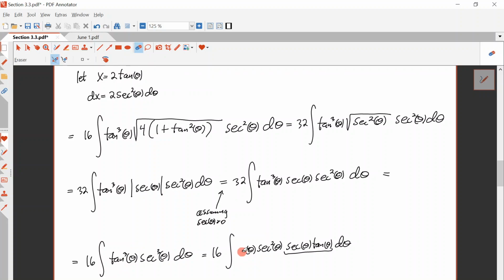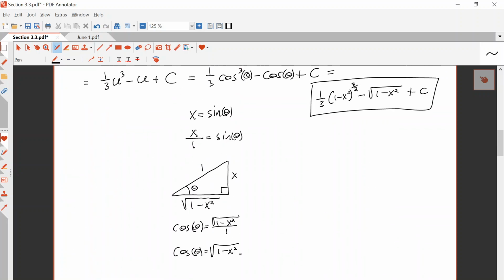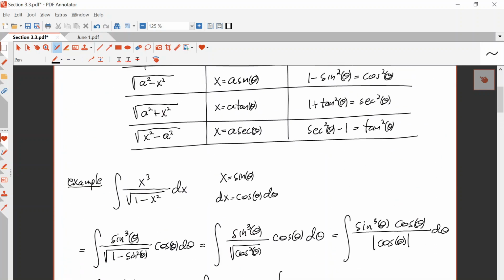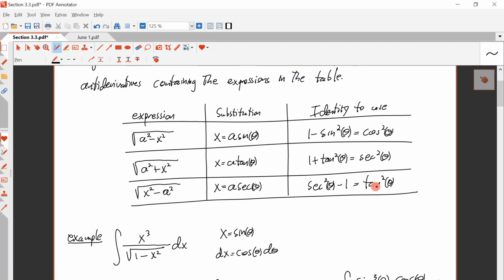So factoring out secant times tangent, right, so I have tangent to the third, secant to the third. Factoring out secant times tangent, the tangent squared. Tangent squared is secant squared minus 1.